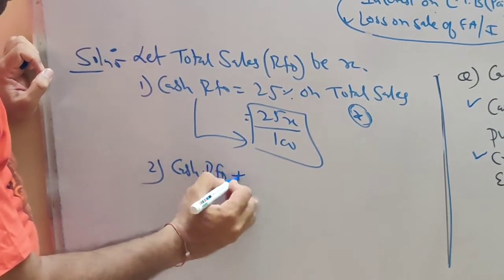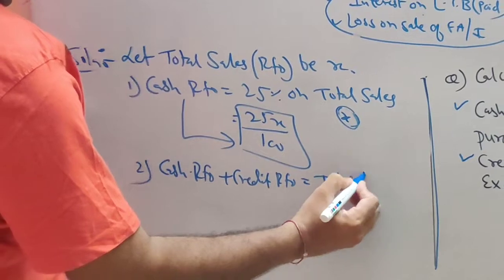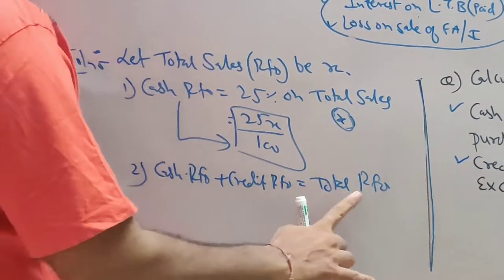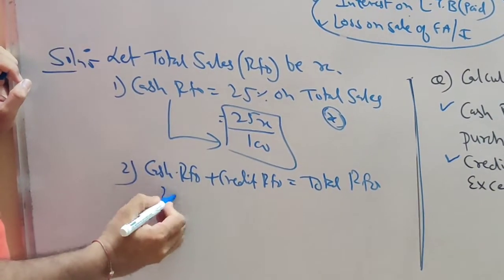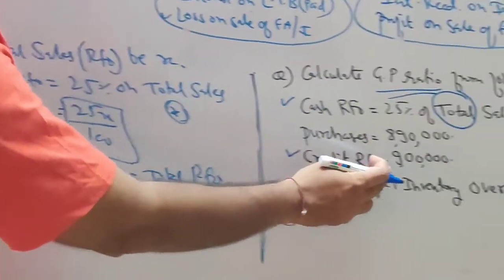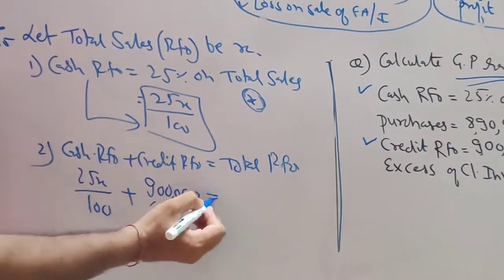Now second step. Cash RFO plus credit RFO is equal to total RFO. Agreed to this? Cash sales plus credit sales will give you total sales. Cash RFO I got 25x upon 100. Credit RFO given, students. Check in question. It is 9 lakh equal to total sales.